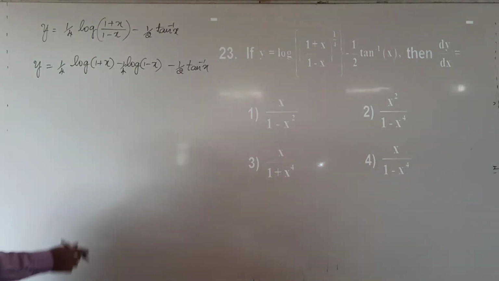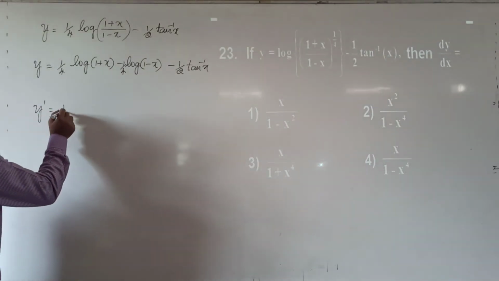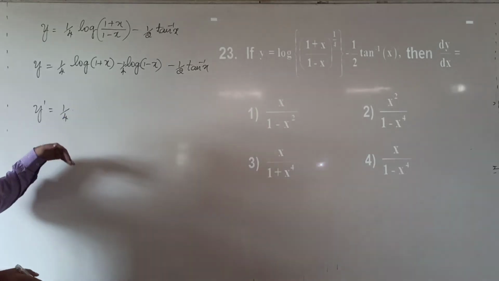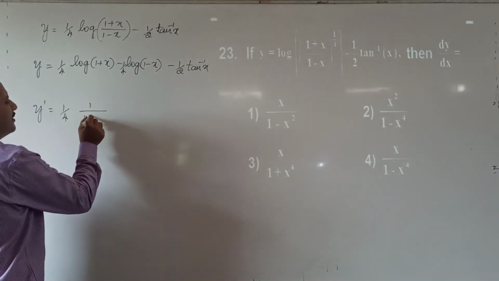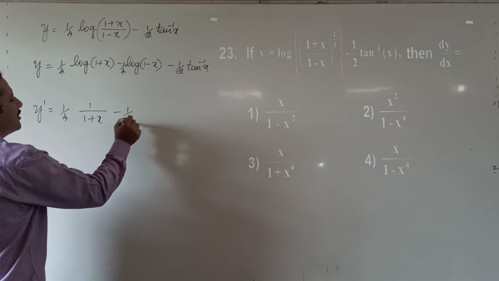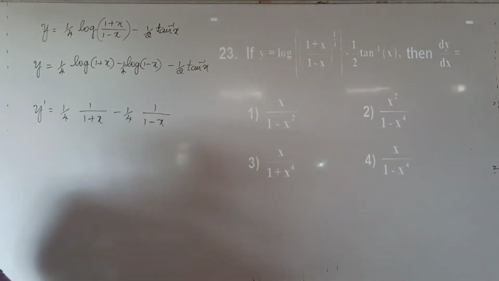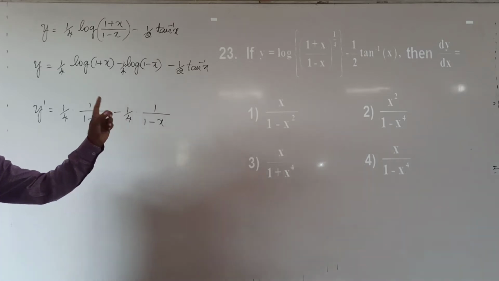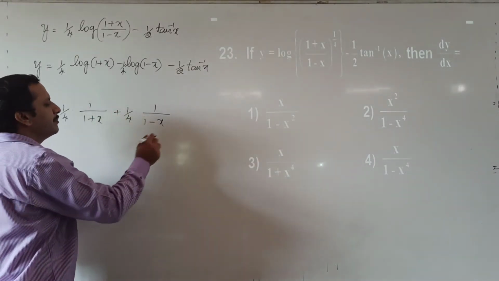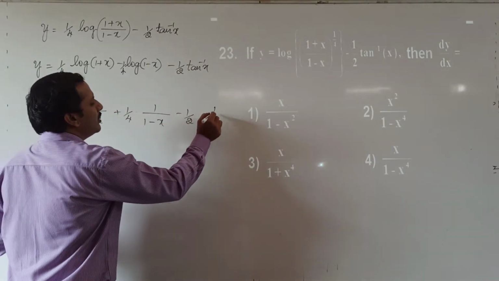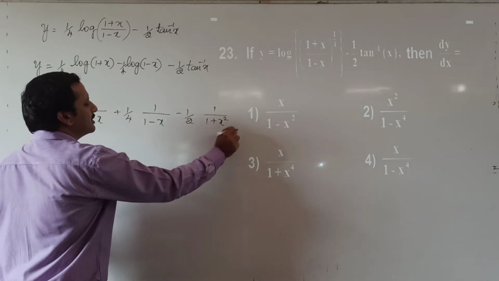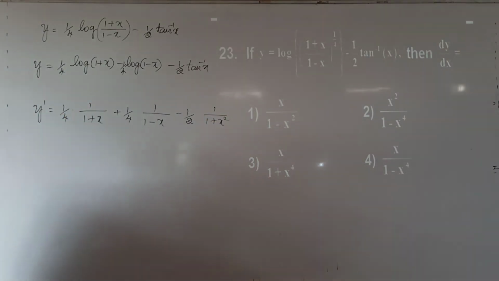Now we shall differentiate this. y dash is equal to 1 by 4 into derivative of log 1 plus x, that is 1 by 1 plus x, minus 1 by 4 into derivative of log 1 minus x is 1 by 1 minus x into minus 1. So I will write this as plus. Minus 1 by 2 into derivative of tan inverse x, which is 1 by 1 plus x square.